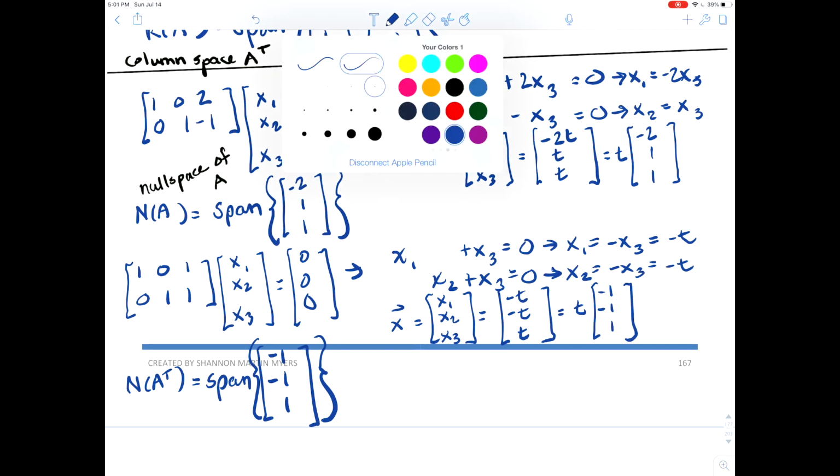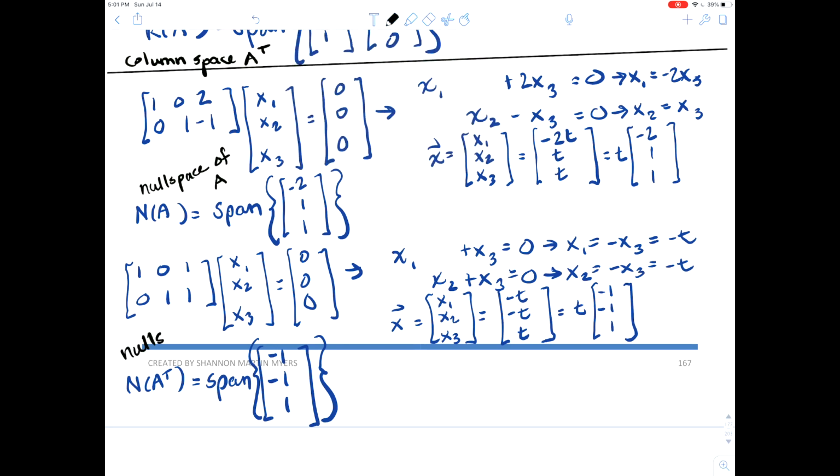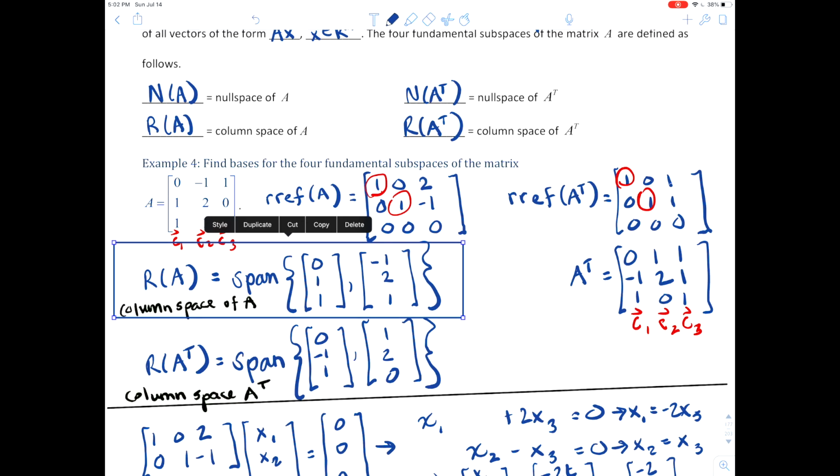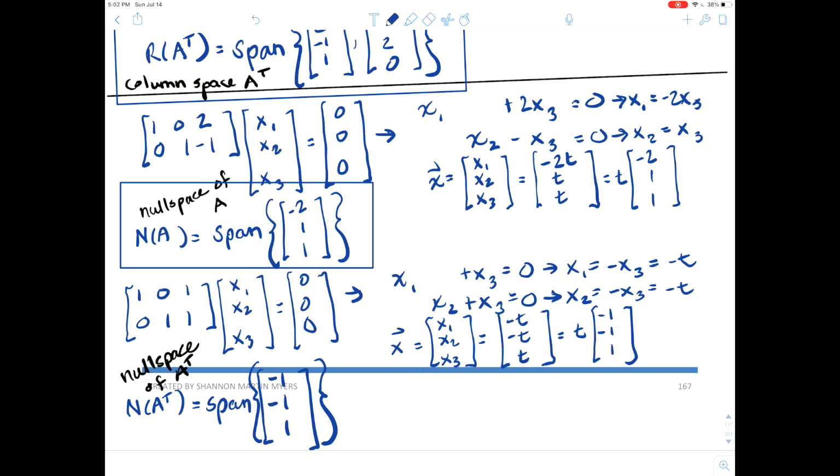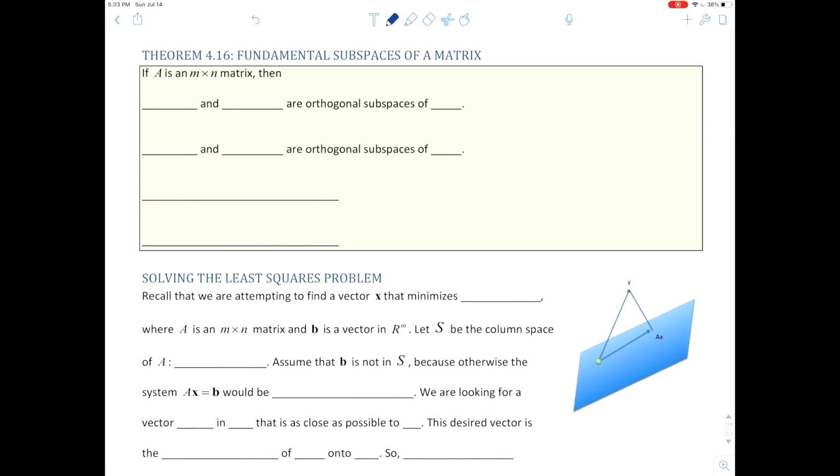And that is our work for the null space of A transpose. And those are the four fundamental subspaces of A. All right, so now fundamental subspaces. If A is an m by n matrix, then the column space of A and the null space of A transpose are orthogonal subspaces of Rm.